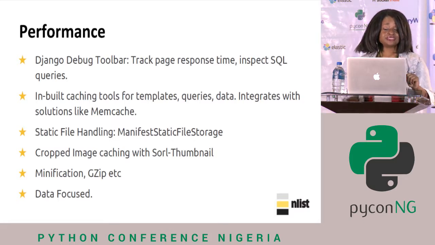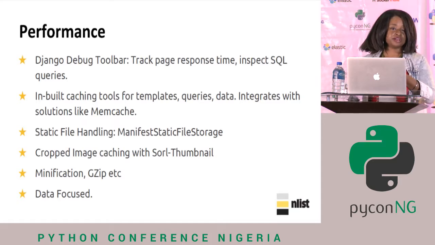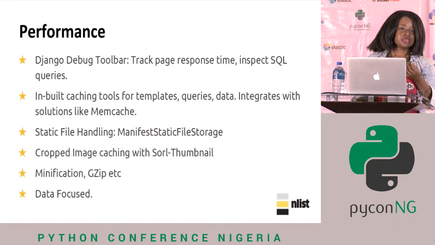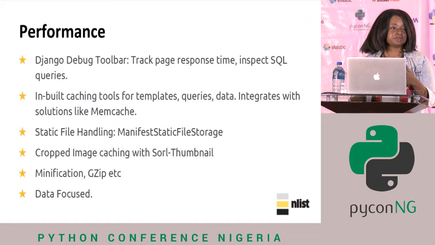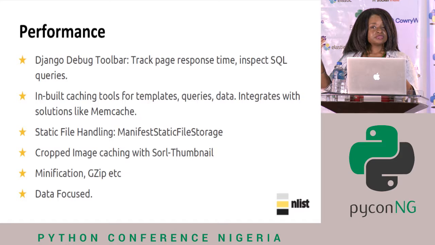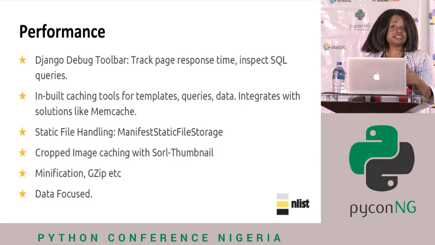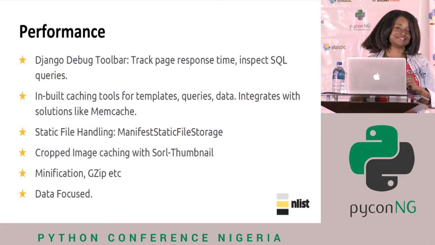I use the manifest static file storage that generates versions of all your static files with timestamps. So unless you've changed it, the timestamp never changes. What that means is whatever you have live is cached as well. The browser can tell when something has changed if the file name changes or it expires, which is where manifest static file storage comes in.